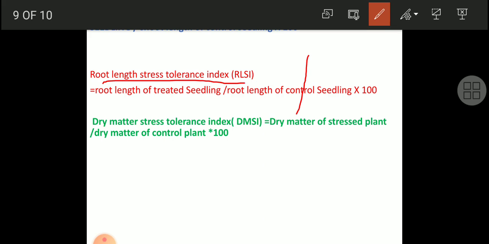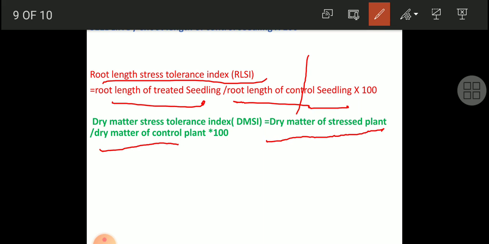How to calculate the root length stress index? Root length of treated seedling divided by root length of control seedling into 100. Dry matter stress: dry matter of a stressed plant divided by dry matter of a control plant multiplied by 100.